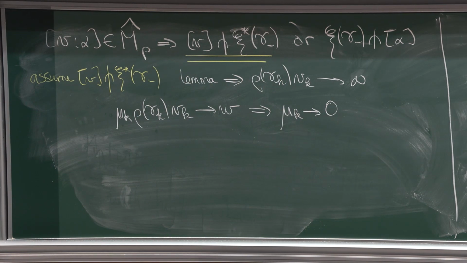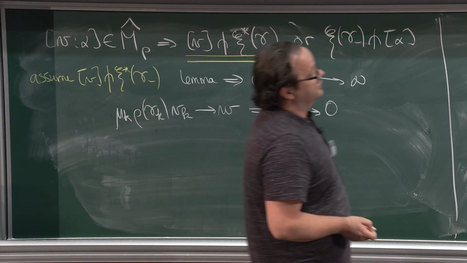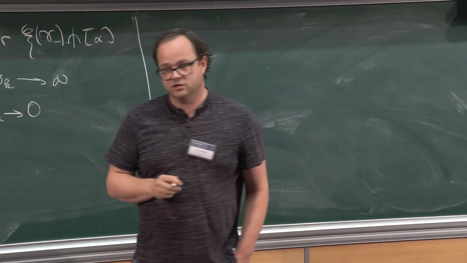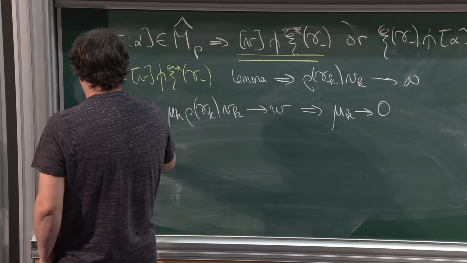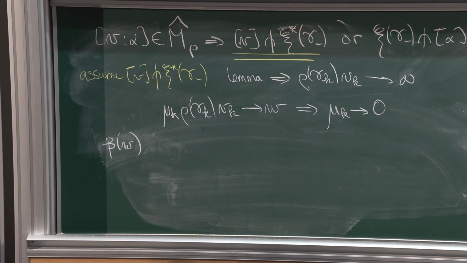And now to find the contradiction, we're going to use the fact that [w, beta] is also in M rho hat. Well, actually, we're just going to use the fact that it's in L, meaning that if you look at beta of w, this should be positive.